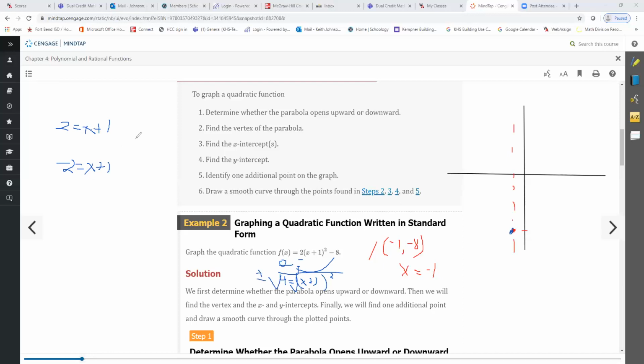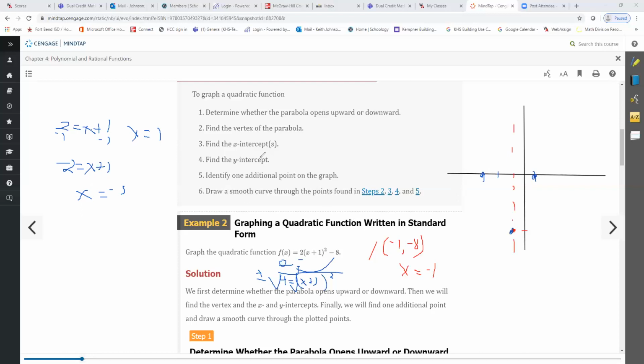All right, so when I solve this, I'm going to get x is equal to, subtract 1, we'll get a 1. Subtract 1, we'll get a negative 3. So we're going to have a negative 3, an x-intercept, and at 1, an x-intercept.